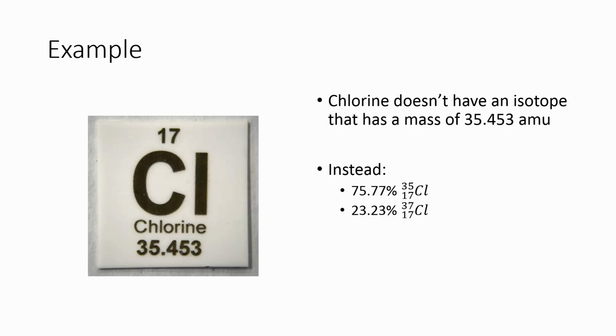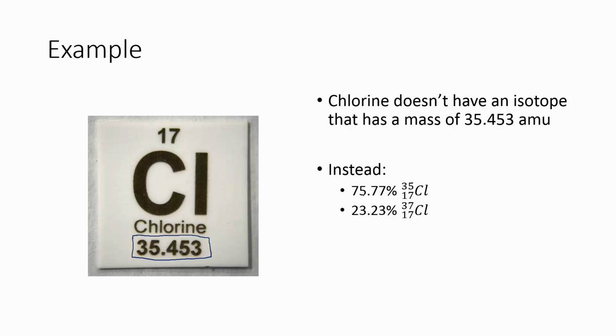Now, chlorine is listed on the periodic table as having an atomic mass of 35.453 atomic mass units. And we talked about what atomic mass units were previously in terms of number of grams. That's a really, really small mass, but we're talking about individual atoms here. Now, chlorine doesn't have an isotope that has a mass of 35.453 AMUs.